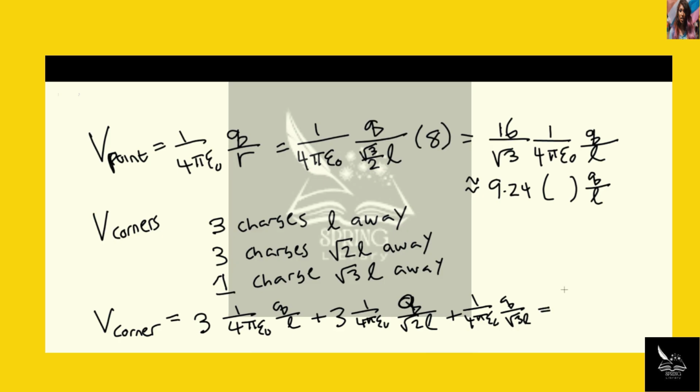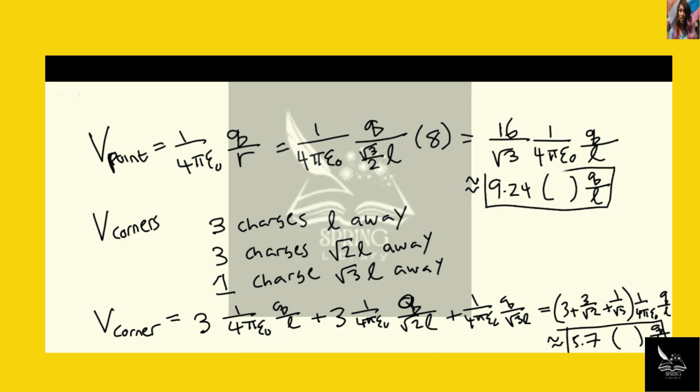And this all simplifies down to 3 plus 3 over root 2 plus 1 over root 3, all times 1 over 4 pi epsilon naught q over l. And numerically, this comes out to be about 5.7 times 1 over 4 pi epsilon naught q over l. So that's the potential at corners and at the center.